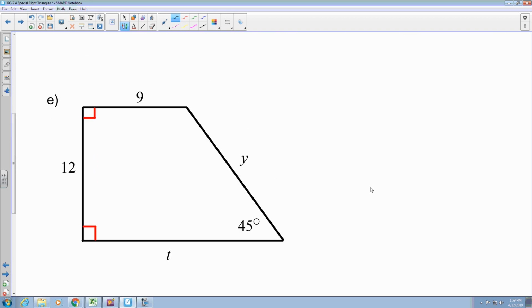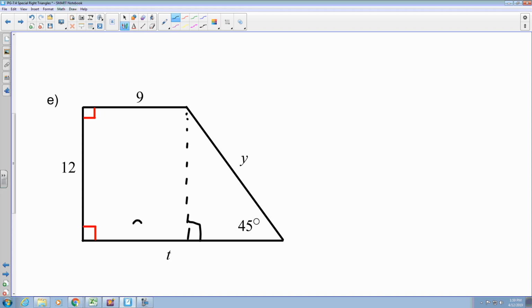All right, so sometimes you're going to be given different shapes, but you could probably use these special right triangles to help us figure it out. What I'm going to do here is make a dashed line, put it at 90 degrees. So I basically have a triangle here and a triangle here.